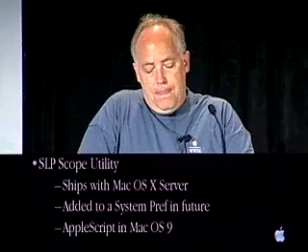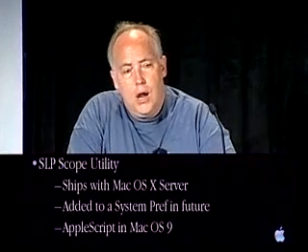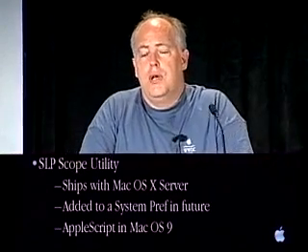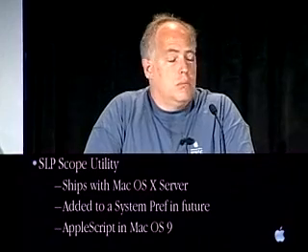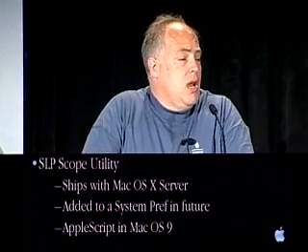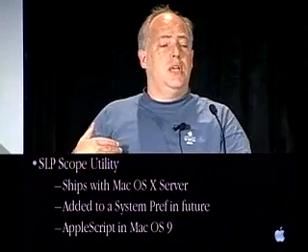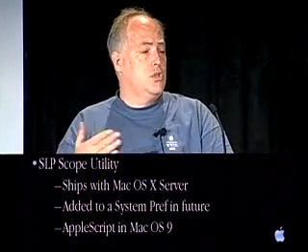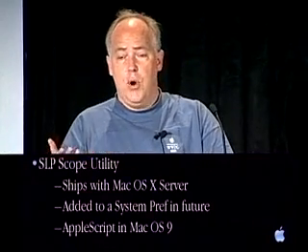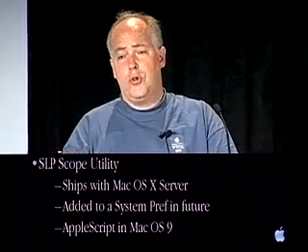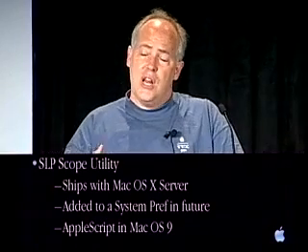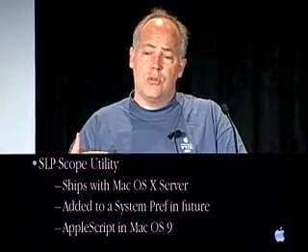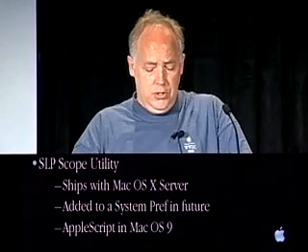So with NSL 10 server, we're shipping an SLP scope utility. Basically, we're hoping at some particular point, though we don't know how this is going to be, that with SLP, this is a natural extension of your system preferences. And much in the same way as you designate what your default AppleTalk zone is, you'll get an opportunity to designate what default scope you're going to be putting your service into.